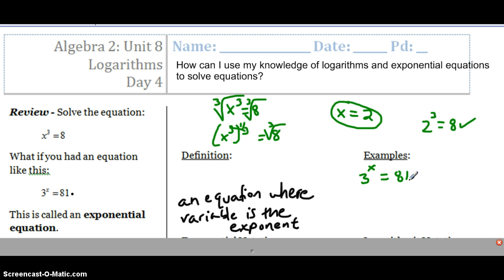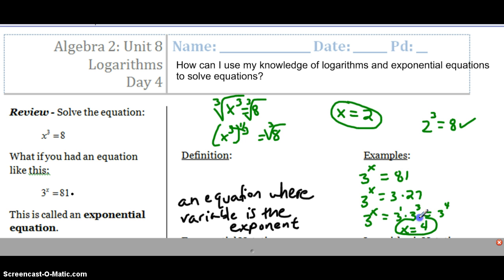We know 81 is 3 times 27, and we know 27 is one of our perfect cubes. So that would be 3 to the x equal 3 times 3 to the third power. Since we're multiplying the same base, we add these exponents, so that would be equal to 3 to the fourth. Anytime we have the same base and it's an equivalent statement, our exponents would have to be equal. So our x would be equal to 4.